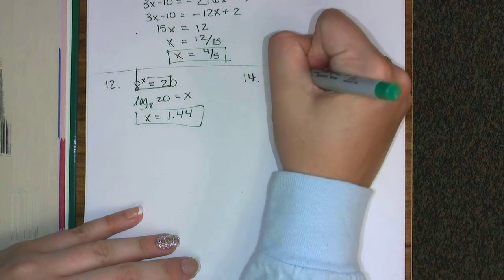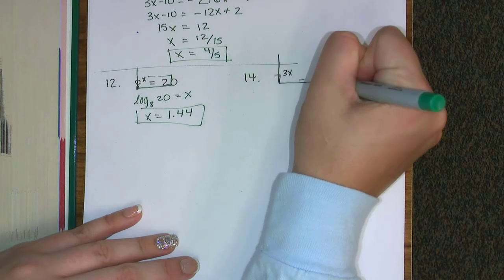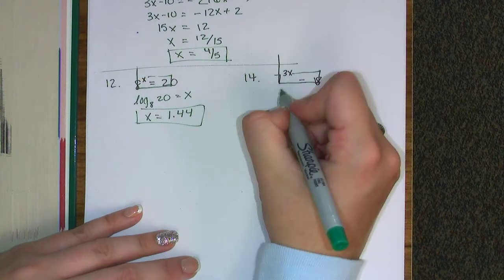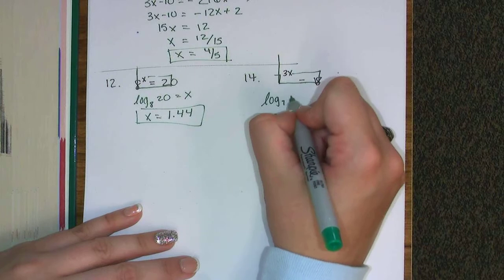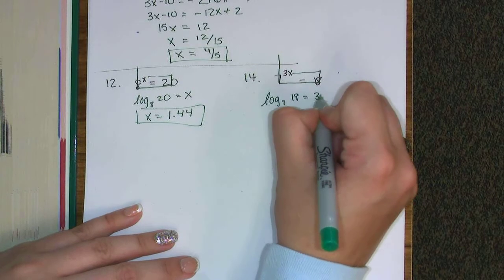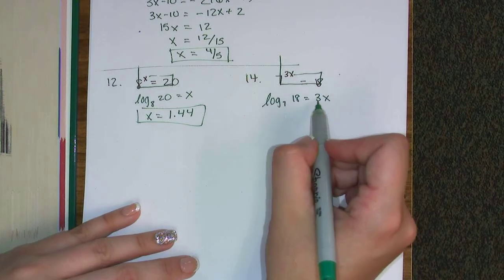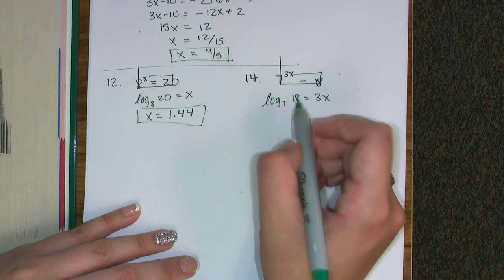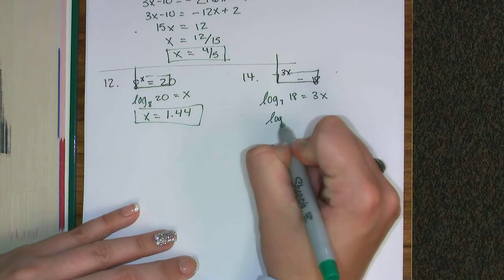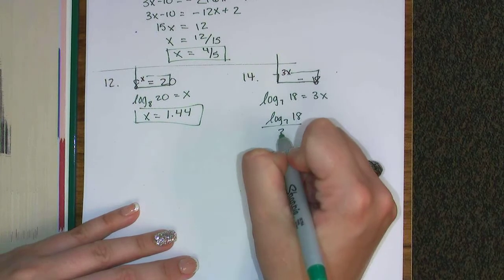So come down through the 7, over to the 18 and back up. So this is log base 7 of 18 is equal to 3x. But I need to get rid of this 3 because I need to get x by itself. So I'm going to divide this whole thing by 3. So log base 7 of 18 all over 3 is equal to x.